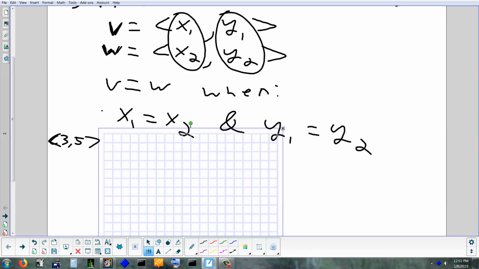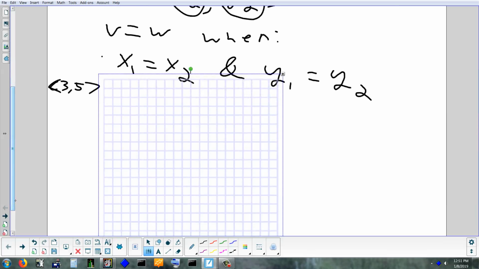Remember, make sure you put the angled brackets if it's a vector. Don't use parentheses. So <3, 5> would look like this: 1, 2, 3, 5. Let me do another one over here, <3, 5>. According to my definition, are those two vectors the same? Yes. Are they drawn in the same spot?